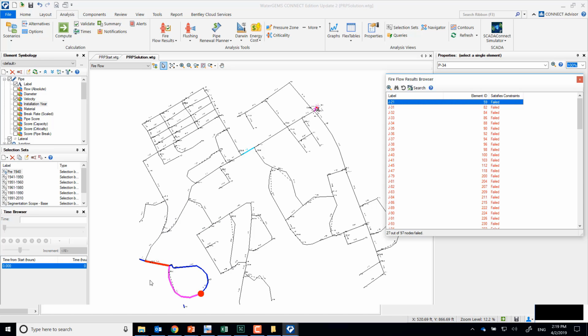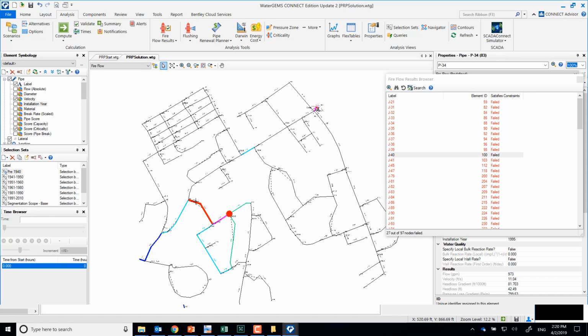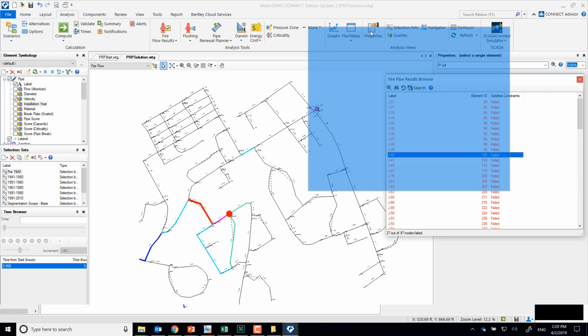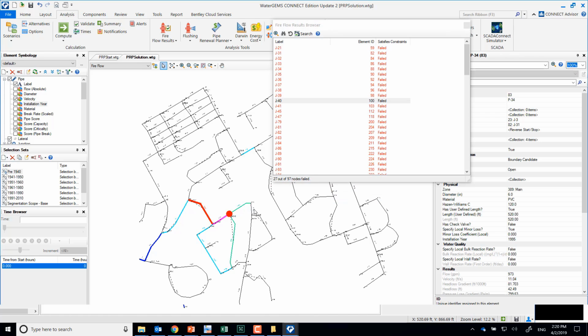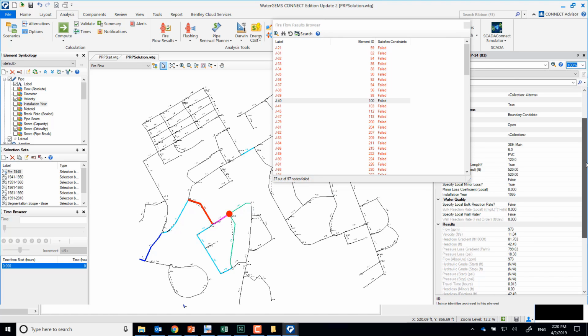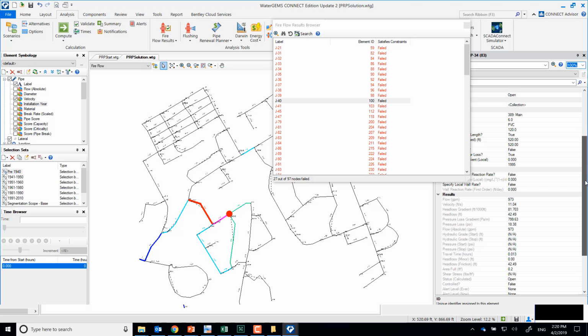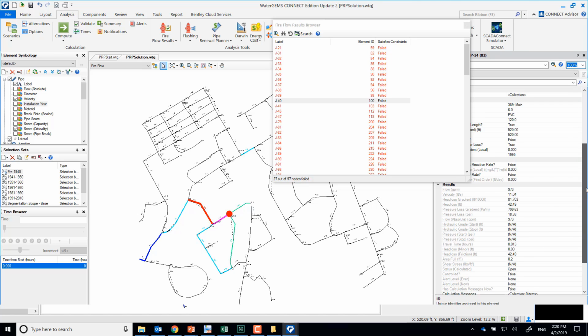In this case, that one as well. So any of these pipes that have high velocity, so let's step here for a second and take a look at the velocity on this pipe. So we get a velocity of 11 feet per second.